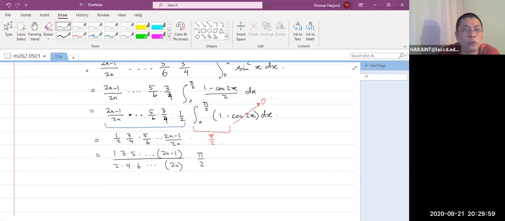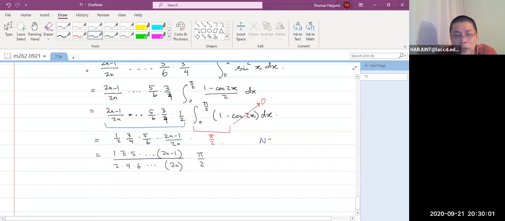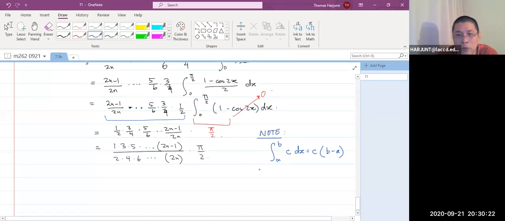Some little note. I would like to mention this note. Integral from a to b of a constant dx is equal to c times the length of the interval. Do you agree? You have two ways to think about this. One way is to integrate as usual. This is c times x from a to b. That's c times b minus a.